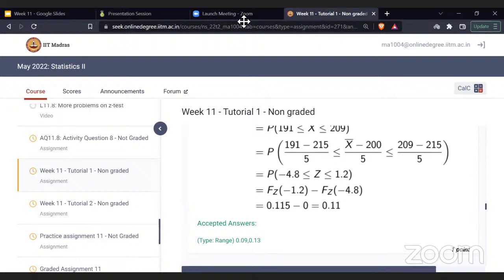Okay, that was the first part. And in one of the problems, the computation requirement was for power, but the symbol used was alpha. That probably was a typo.